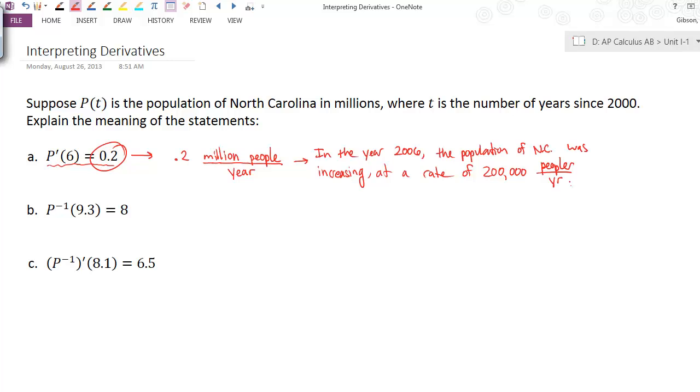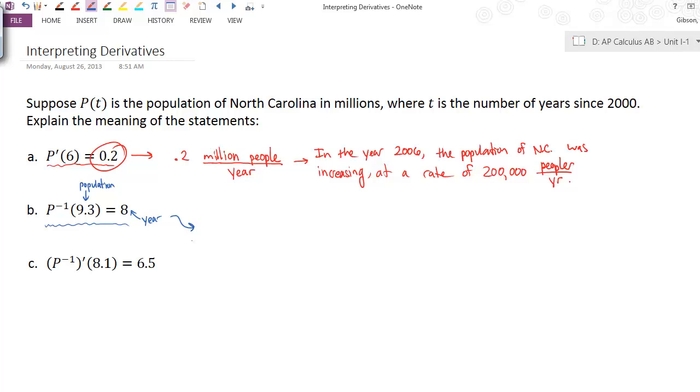All right. Next question, looking at P inverse. This is kind of going back to some of our review that we talked about. The inverse function of P. We think it's the same relationship between population and the year, only this function is going to be working in the opposite direction. What we input into this is a population, and what we get out of this function is a year. So this is not a derivative, it's inverse notation.